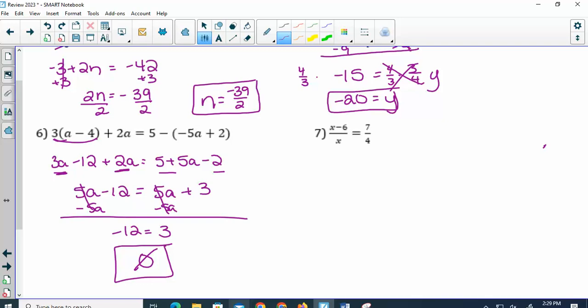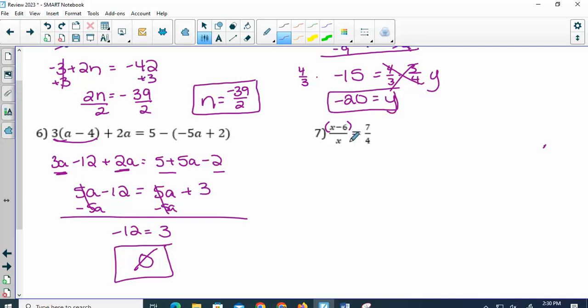Okay, one final equation. What could I do on problem 7? Okay. So, a couple options. You can multiply the x. I heard somebody say multiply by 4. Could we also just cross multiply on this one?